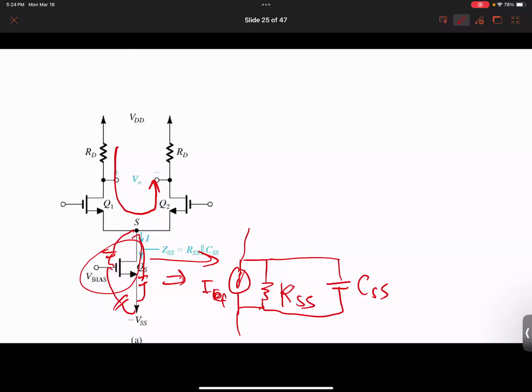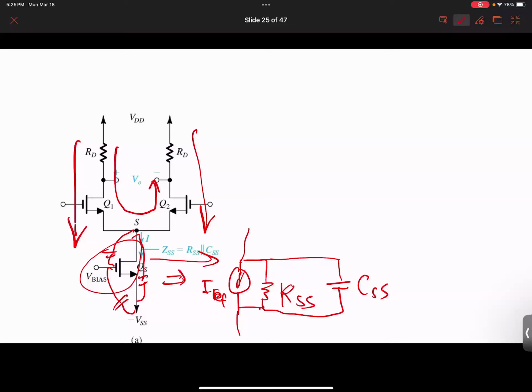But for common mode input, the current goes this way. However, if the common mode input is perfectly matched, exactly half will be here and half here, and your output is still 0. So therefore, it still doesn't matter. Okay. So you might say, okay, well, what are you talking about? It doesn't matter.